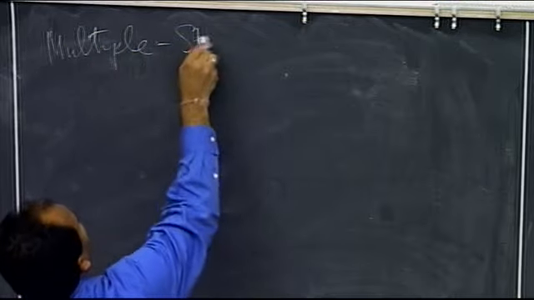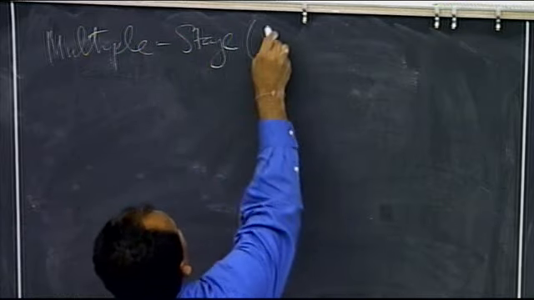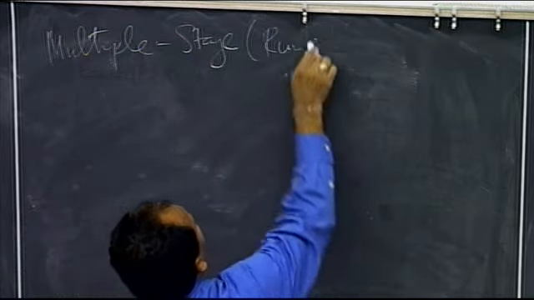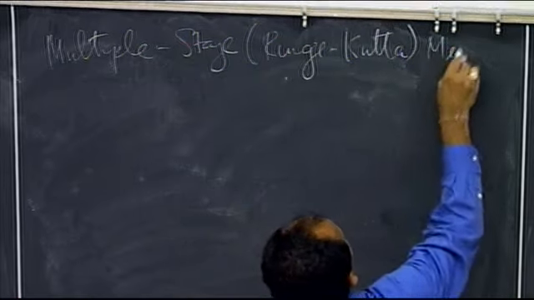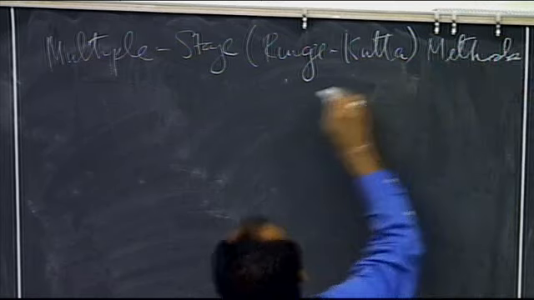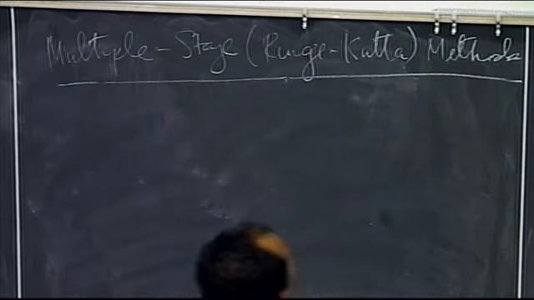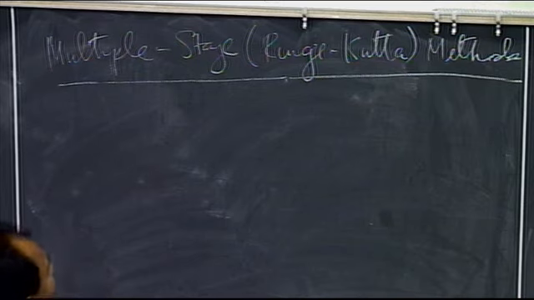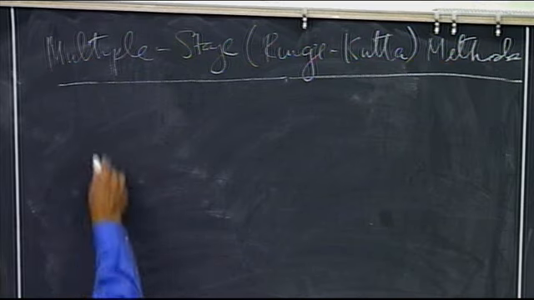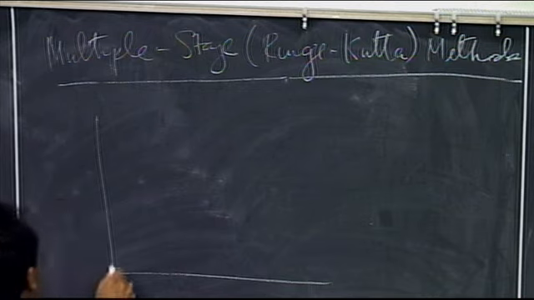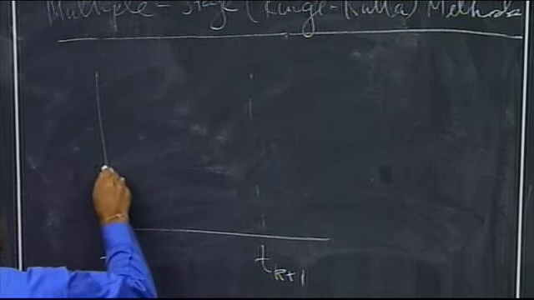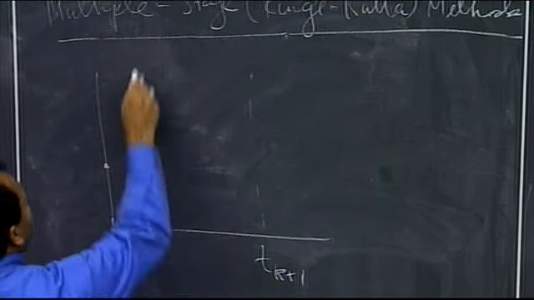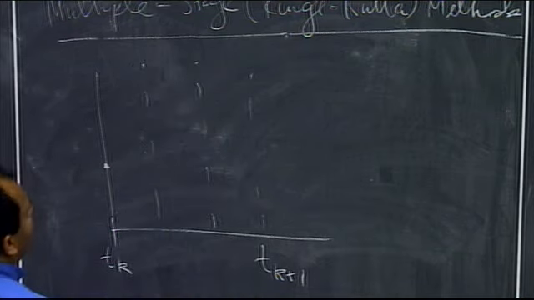These are multiple stage methods. And these are also called Runge-Kutta methods. The idea behind a multiple stage method, and there are so many of them that you can derive as you wish, is that if you're sitting at time tk and you want to go to time tk plus 1, you take the value of the function and you partition this interval into a bunch of stages.